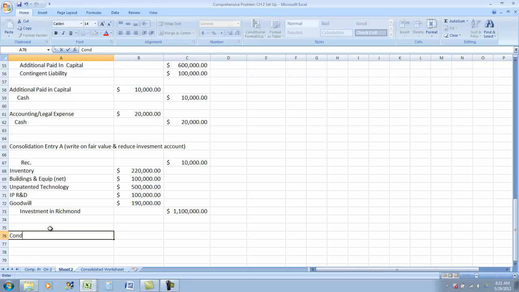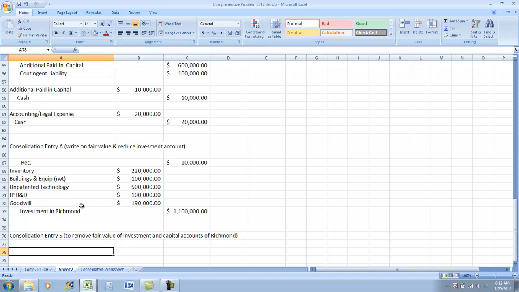Now, the other consolidation entry we make is S, and it removes the fair value of the investment and capital accounts of Richmond, our subsidiary that we purchased.